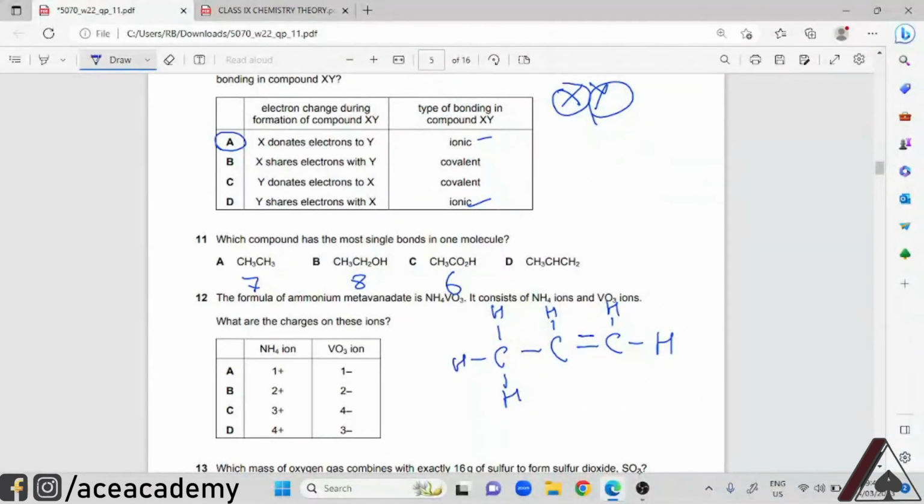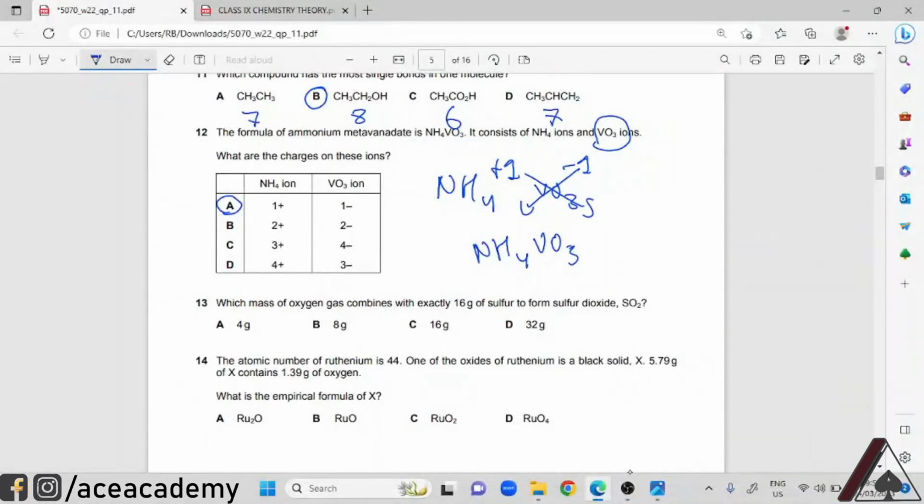So we can see that this has 4, 5, 6, 7 single bonds, right? So this one has the most number of single bonds. Option B is the correct answer.